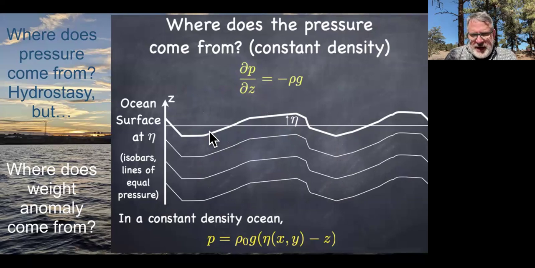So the pressure gradient in the horizontal, this high pressure under this sea surface height anomaly, is exactly the same at this lower depth, and exactly the same at this lower depth. So it's just mapped over and over again, down and down.